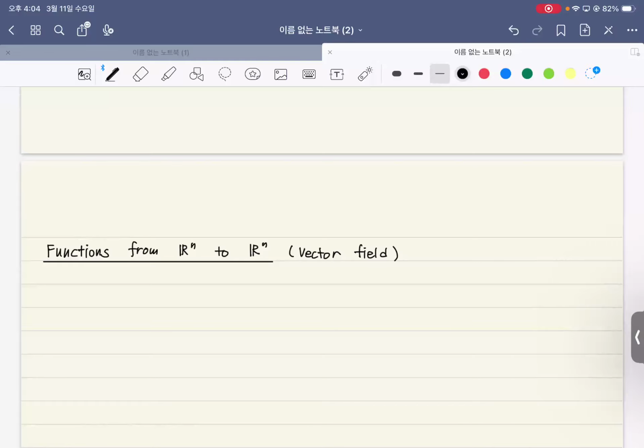So for a function from Rn to Rn, suppose that you plug in this point and you get this vector. Then we interpret that vector as being assigned to this point. By doing so, we can interpret this function as a vector field. Yeah.